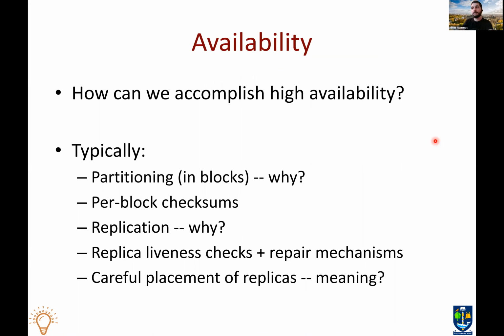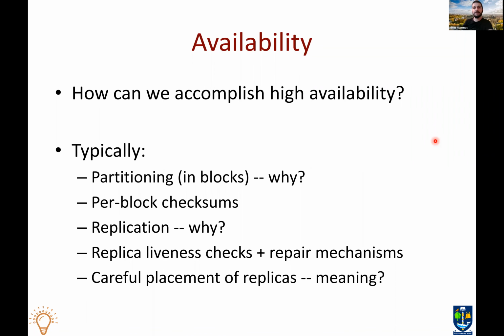So if, for example, I have a block and I need the block to have 3 replicas, I need to go over now and then and check that all 3 of the replicas are there and all 3 are correct. If I have fewer replicas, I need to proactively go and create more. If some of the replicas have failed the checksum test, I need to throw them out and create more, and so on and so forth.